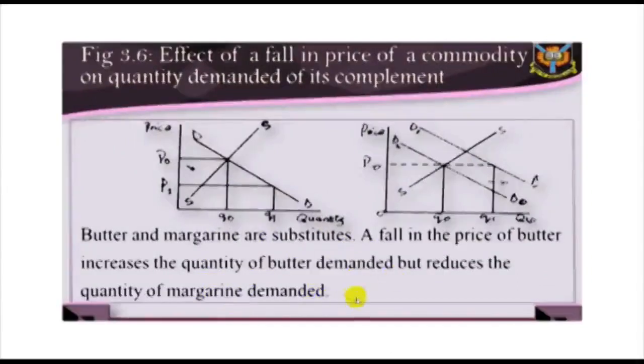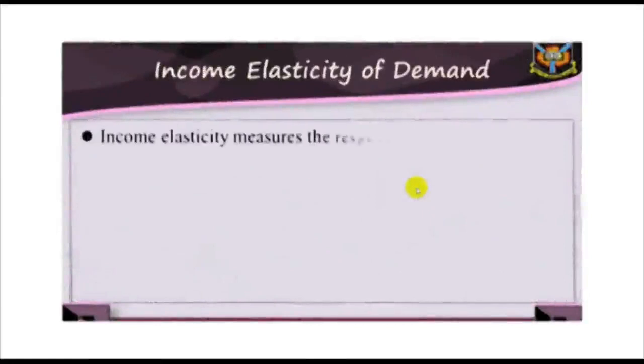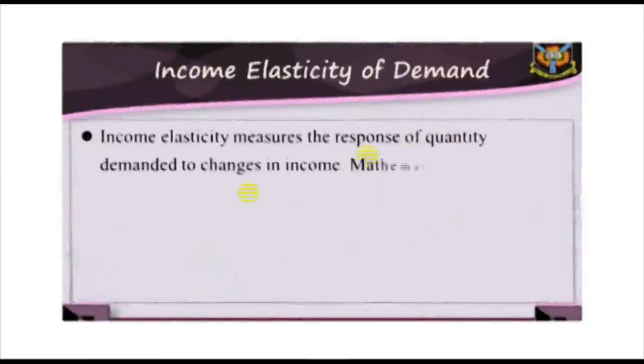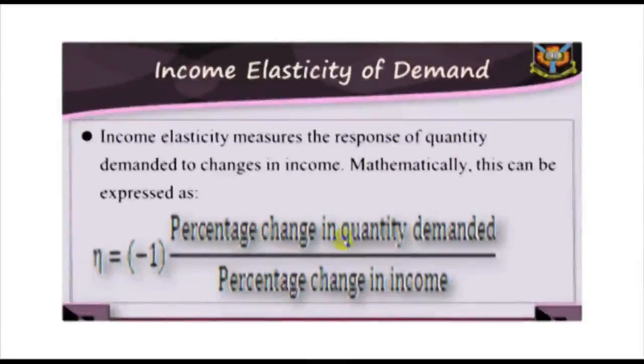Income elasticity of demand. Income elasticity measures the responsiveness of quantity demanded to changes in income. Mathematically, this can be expressed as N equals -1 times percentage change in quantity demanded divided by percentage change in income. For most commodities, increases in income lead to increases in demand, and income elasticity is therefore positive. Goods with positive income elasticities are normal goods.